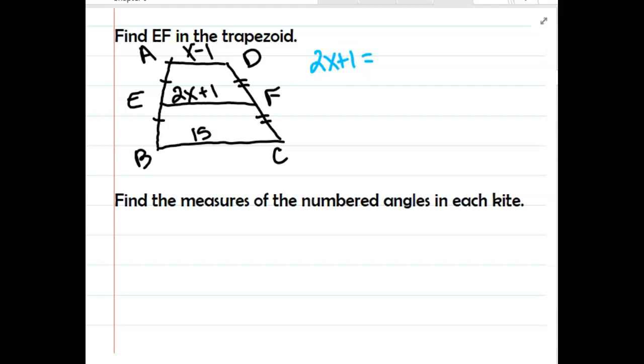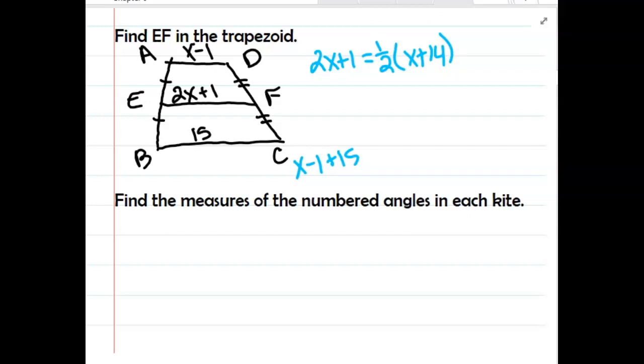So I'm going to take x minus 1 plus 15. So when I add the bases, what do I get? x plus 14. Now here's what you can't forget to do. The mid-segment is half of that. Half of the entire sum.